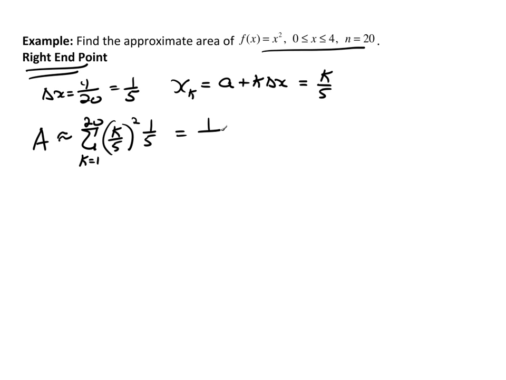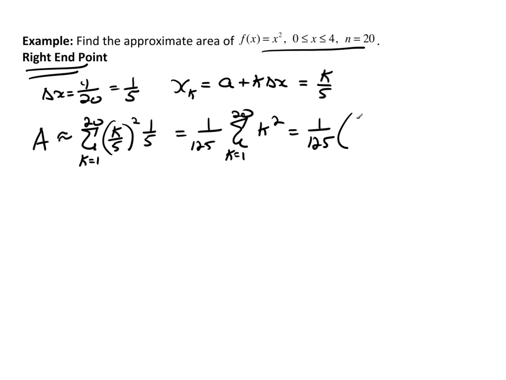Well, that's going to be 1 over 125 times the sum of k squared. And we already used that formula for k squared once, so we know what that is. That's 1 over 125 times, actually I should put in here k equals 1 to 20.